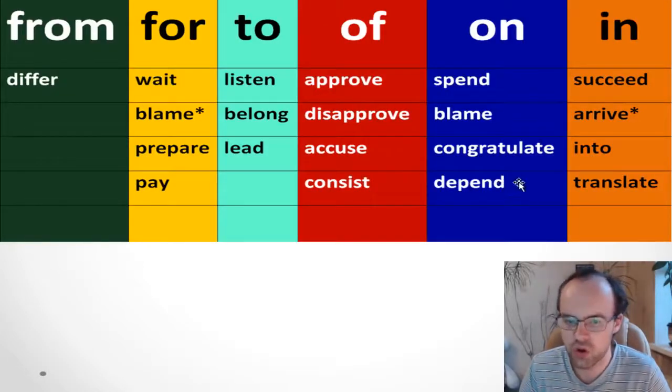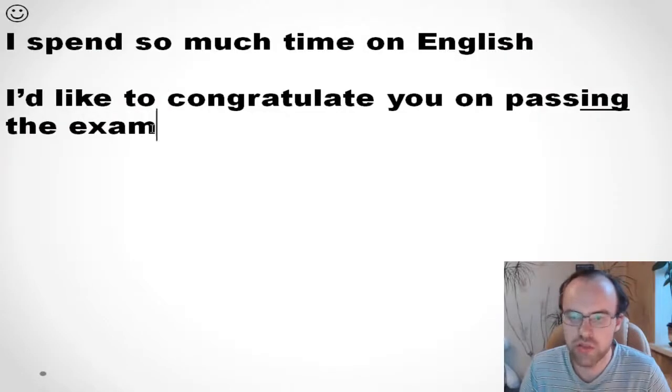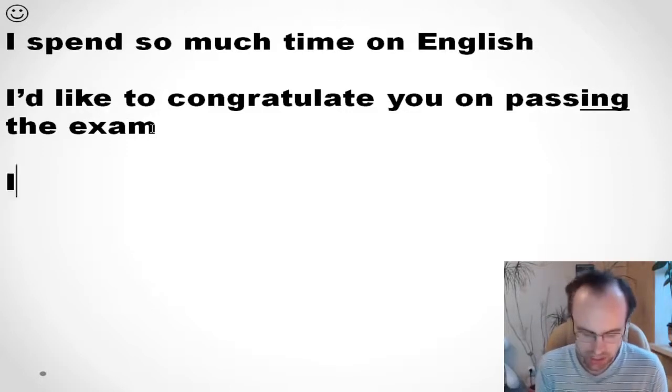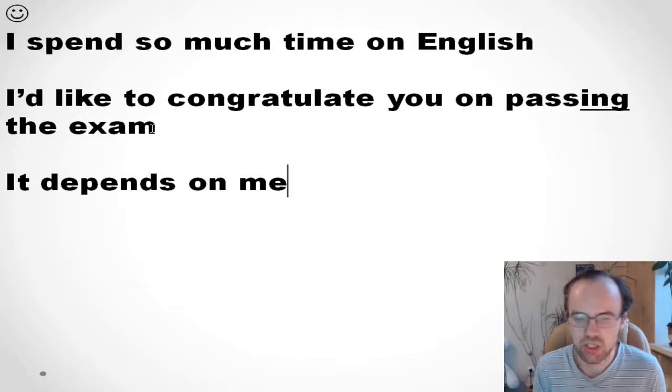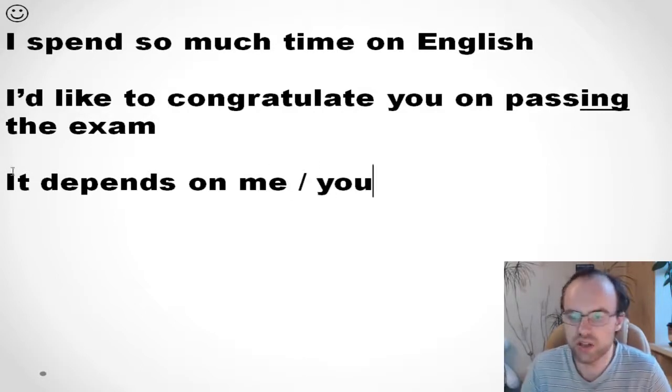Well, depend on. Students make lots of mistakes related to this verb. They say it depends and they forget to use on. But you need to use it: it depends on me, it depends on you. Students almost always say from.